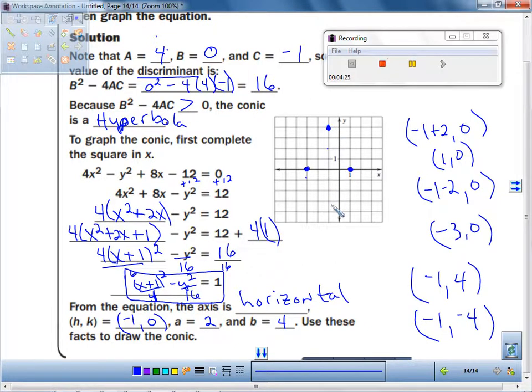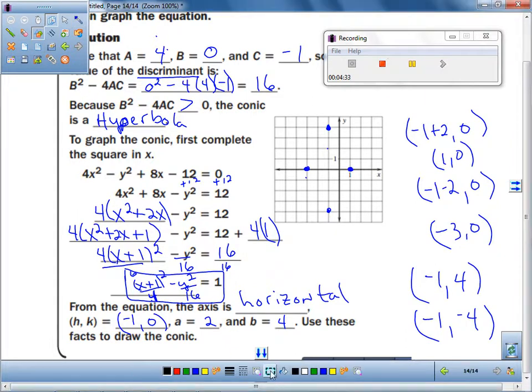1, 2, 3, 4. Now we can draw a little rectangular box in here to come up with our guide for this hyperbola. So that's going to be our guide box. Then we're going to draw lines in between it.